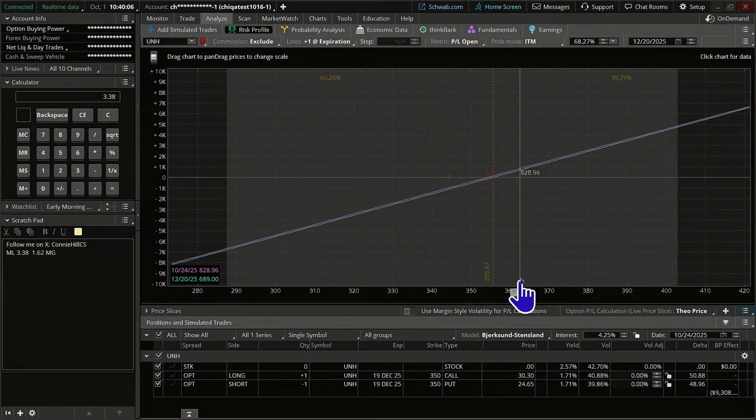But let's see what the probabilities are looking like right now. This side over here says 60%. That's saying there's basically a 60% chance that the price of the stock is going to be at the break even of 355 and change or lower, and a 39% chance of being at the break even point or higher come options expiration date.